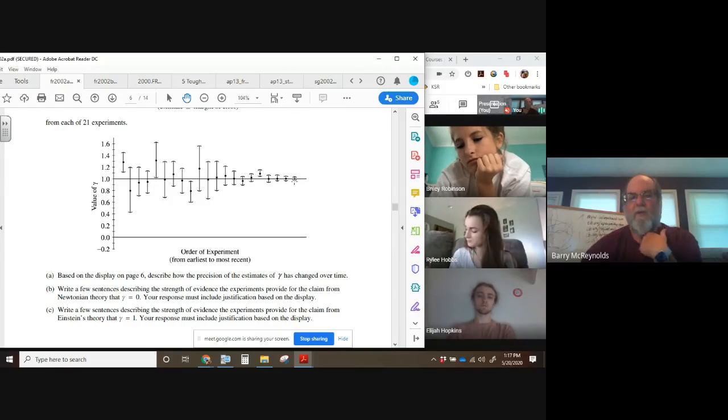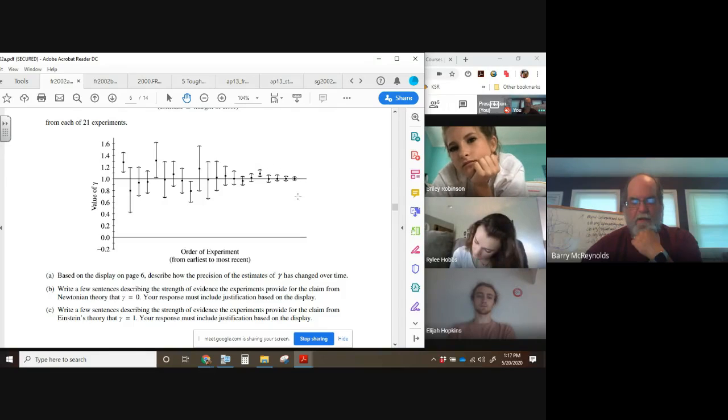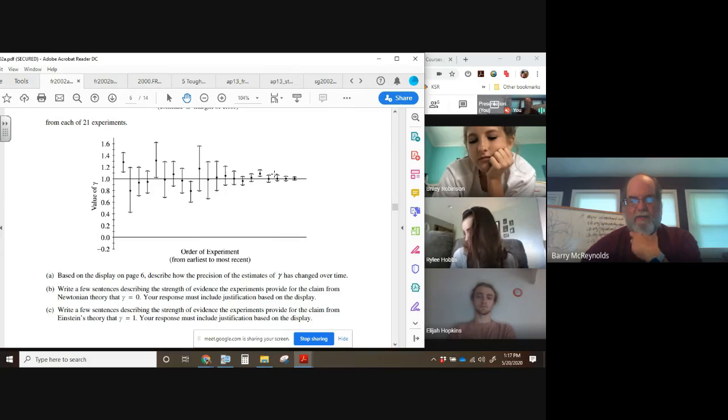And then you could also go on to say the more recent experiments have a high degree of precision. Almost all of them, with the exception of 1, contain gamma equals 1 in the confidence interval.